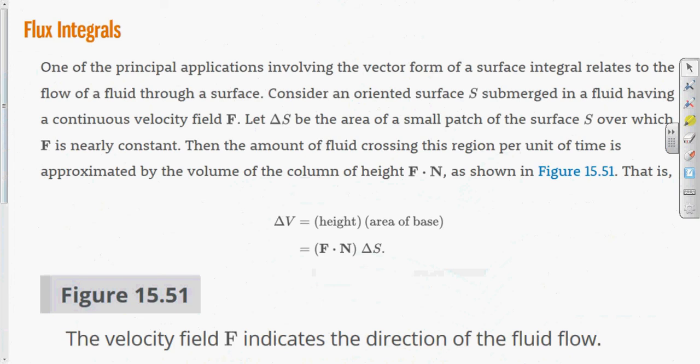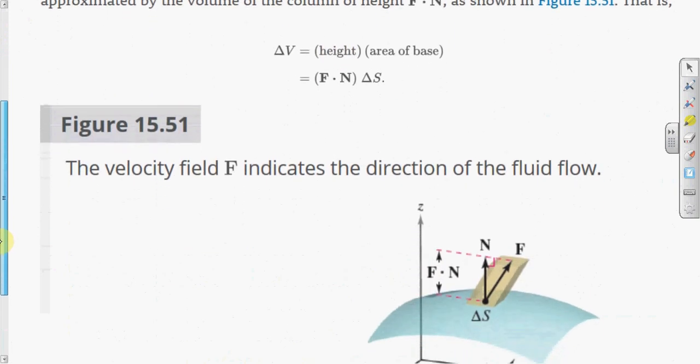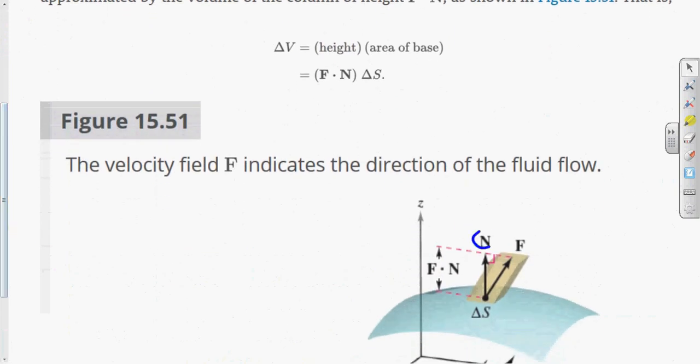So here, to get this so-called fluid flow, we call it the flux, and we can find it by this so-called flux integral. What we're going to do is actually compute or approximate the volume by calculating the height times the base area. So you got this normal vector here.